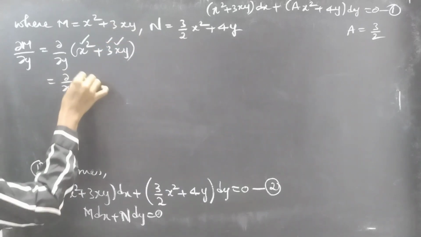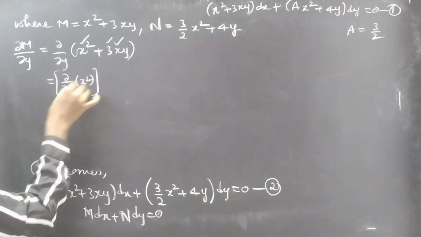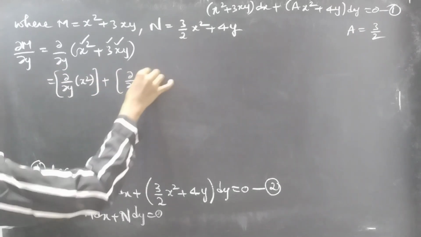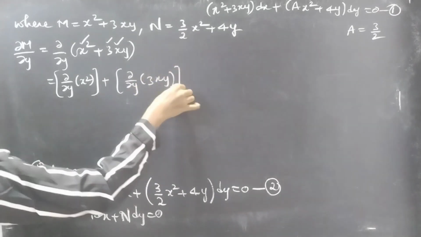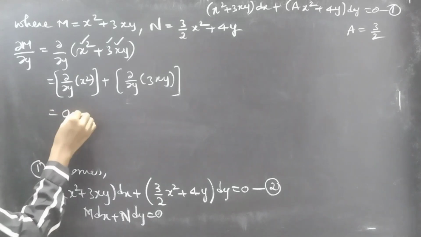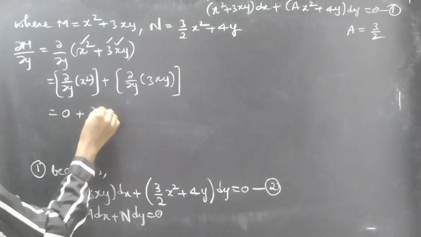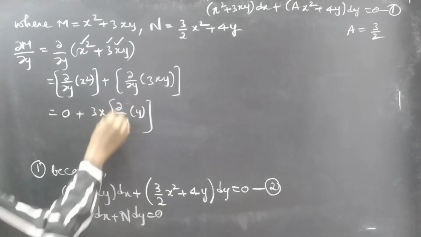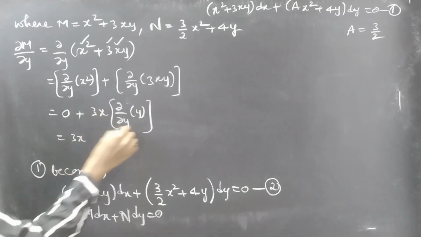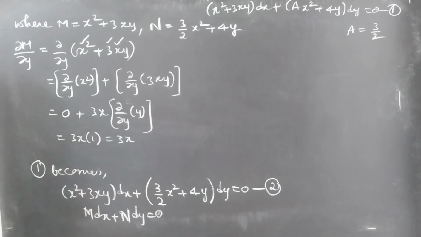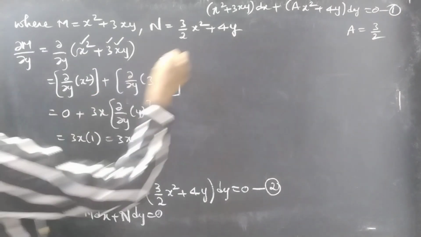We'll write it as partial derivative of x square plus partial derivative of 3xy, which is equal to partial derivative of constant with respect to y is 0 plus constant 3x into partial derivative of y with respect to y. This gives us 3x into partial derivative of y with respect to y is 1, which is 3x. Let's now find partial derivative of N with respect to x.